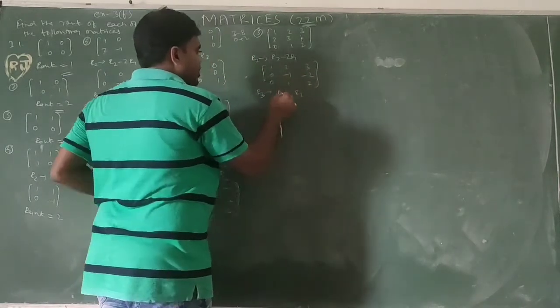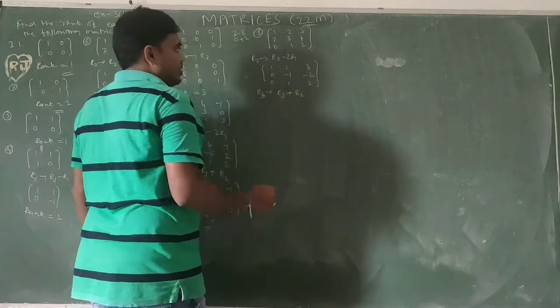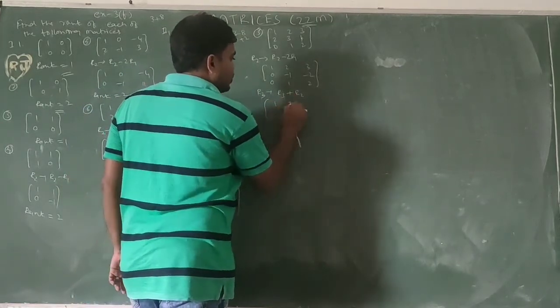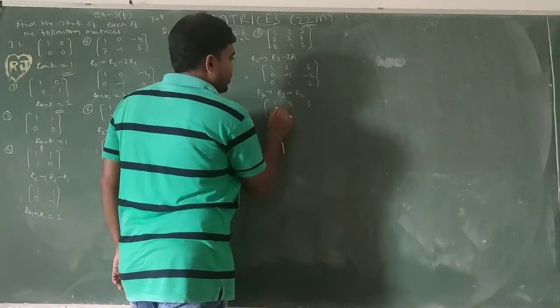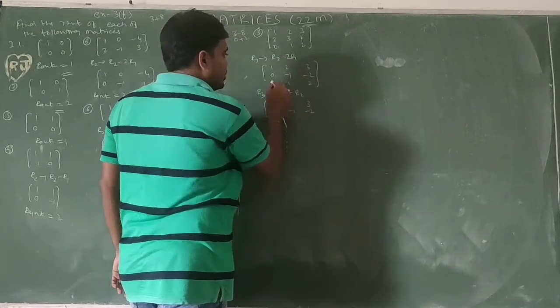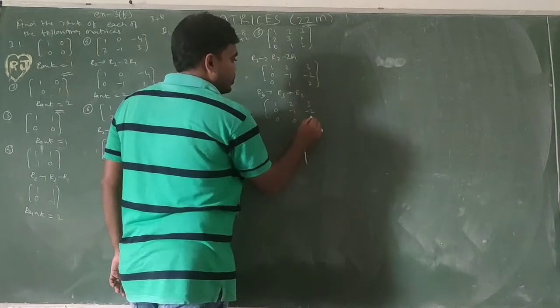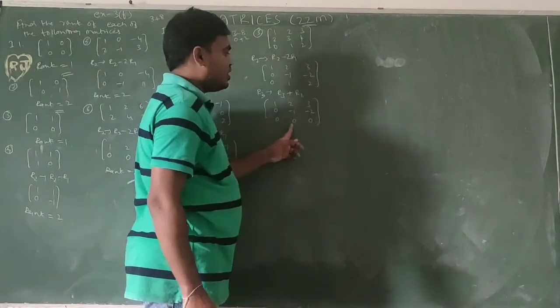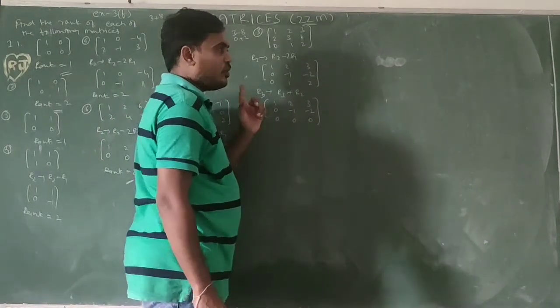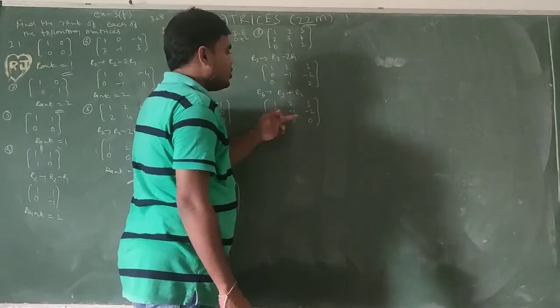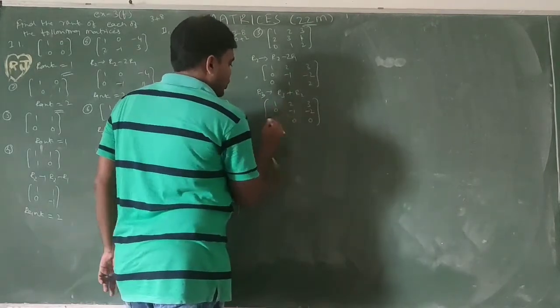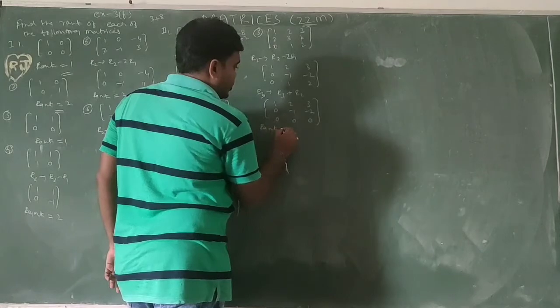So numbers same but sign is different. So I want to add. So 1 2 3. This is 0 minus 1 minus 2. 0 plus 0 0. 1 minus 1 0. 2 minus 2 0. Actually we need to convert this is 0, but it is also equal to 0. This is completely 0 row. Non-zero rows equal to 2. So rank equal to 2.